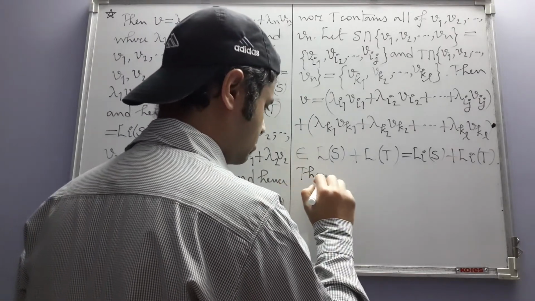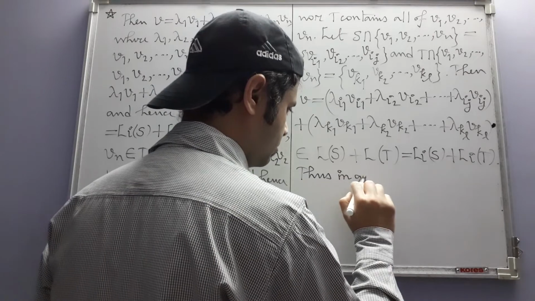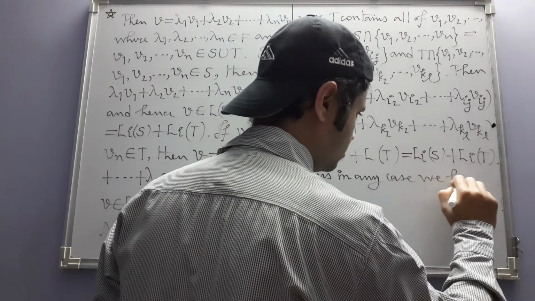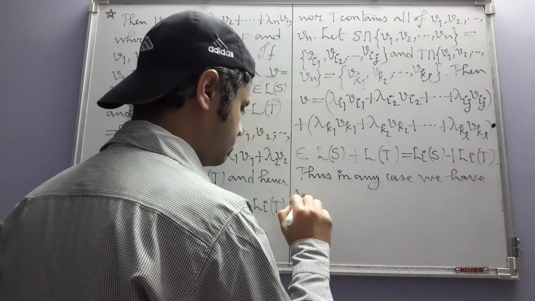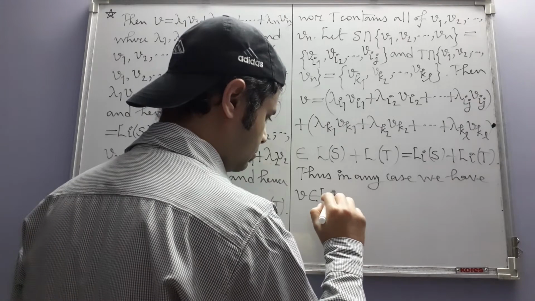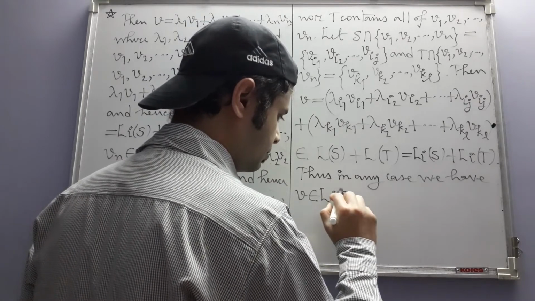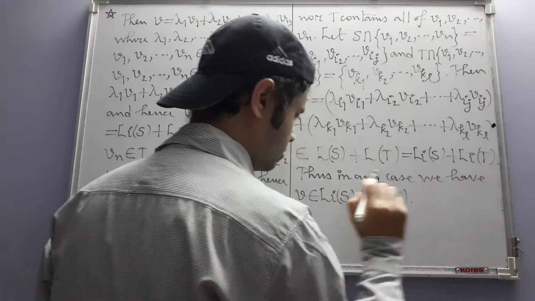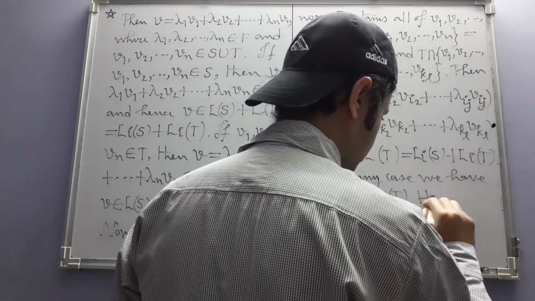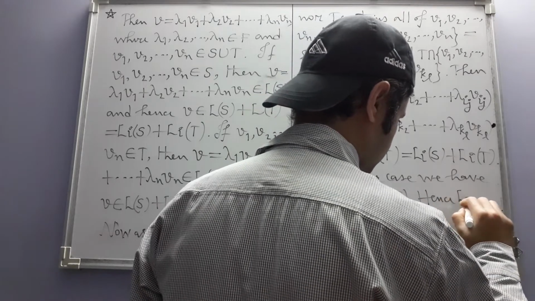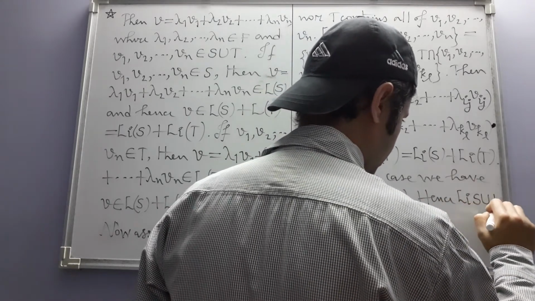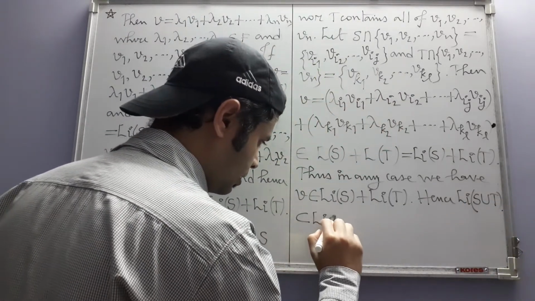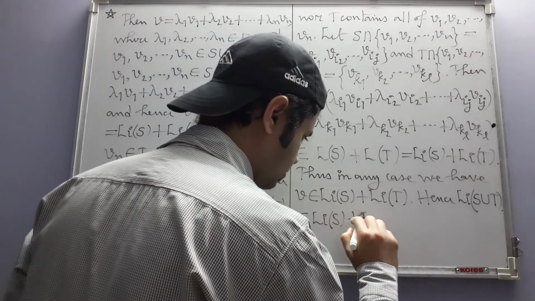Thus, in any case, we have V belonging to this. Hence, Li of S union T is contained in Li of S plus Li of T.